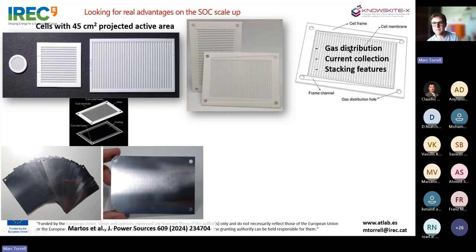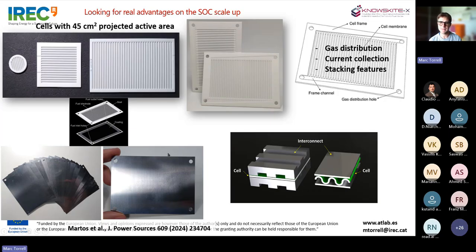And then we have in the ceramic part the gas distribution, the points of the current collection because of the corrugation, and also the sealing frame and the inlet and outlet channels. So with this, we can simplify a lot the interconnect. So we reduce a lot the volume and the weight of the technology, and also the complexity of the manufacturing of the metal part.